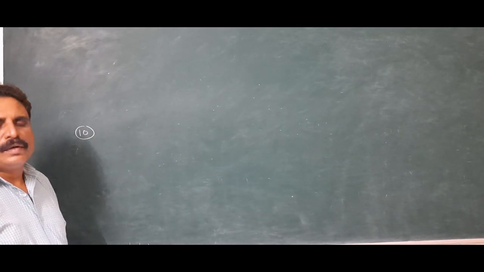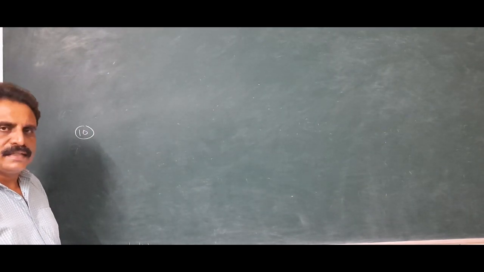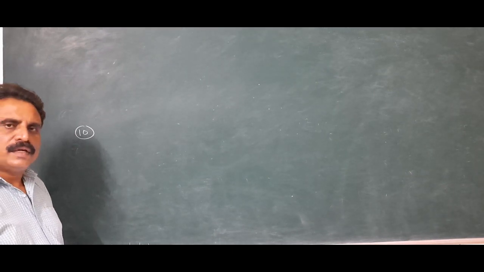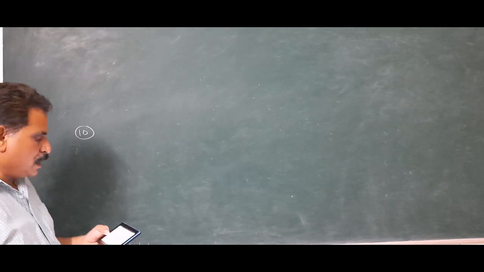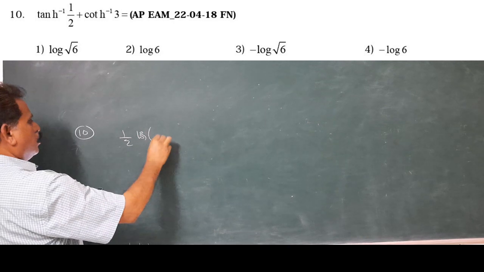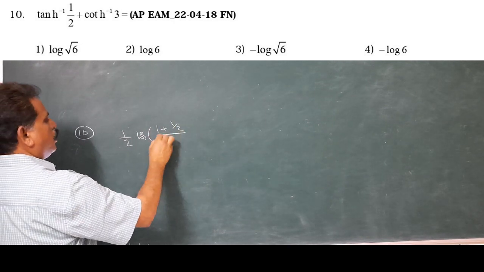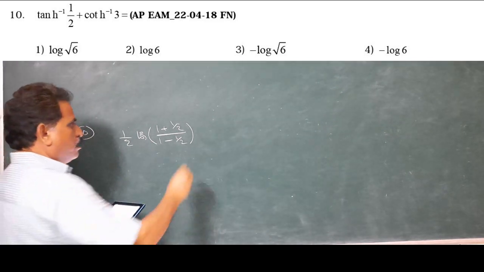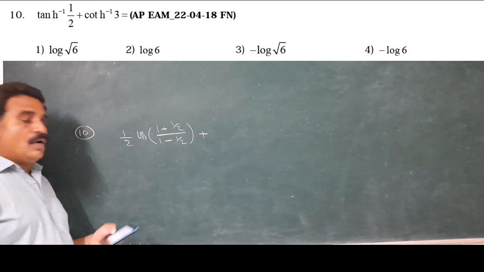Now question number 10. Tan h inverse 1 by 2. Tan h inverse x equals half log (1 plus x) by (1 minus x), where mod x is less than 1. So here tan h inverse 1 by 2 is half log (1 plus x) by (1 minus x), x is 1 by 2, plus cot h inverse 3.